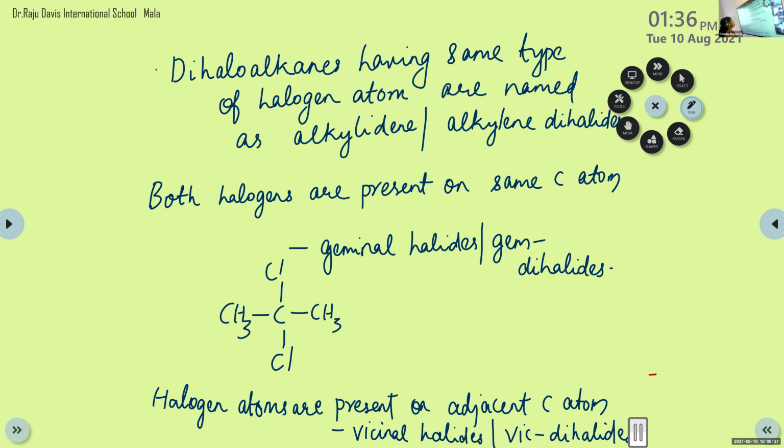Dihaloalkanes having same type of halogen atom are named as alkylidene or alkylene dihalides. Then both halogens are present on same carbon atom. It is known as geminal halides or gem dihalides. Then halogen atoms are present on adjacent carbon atom. They are vicinal halides or vic dihalides.